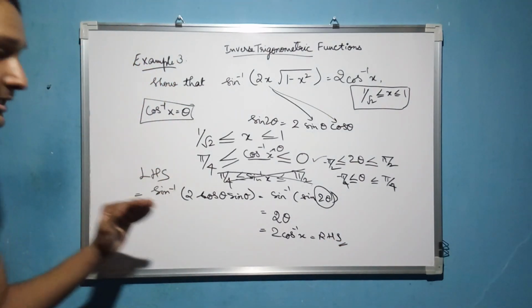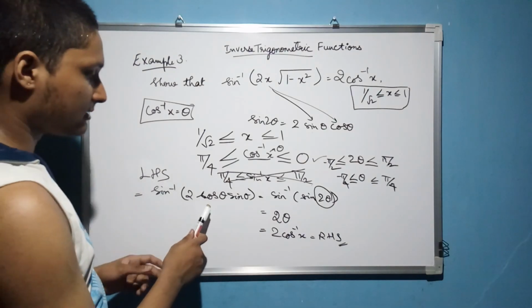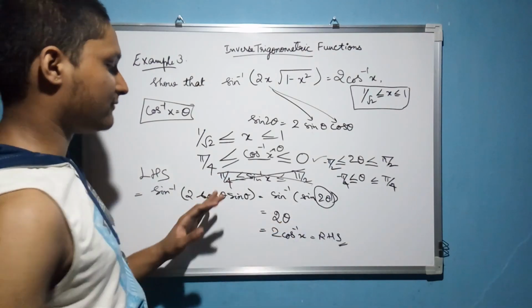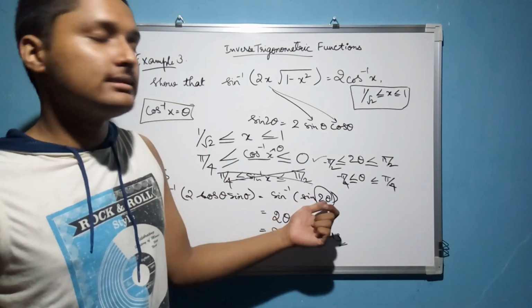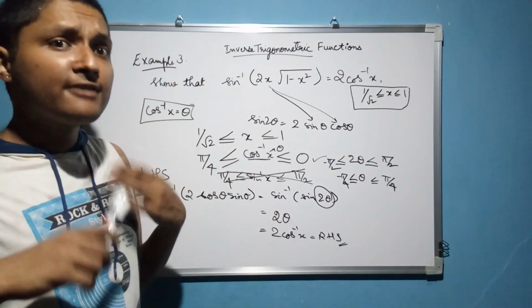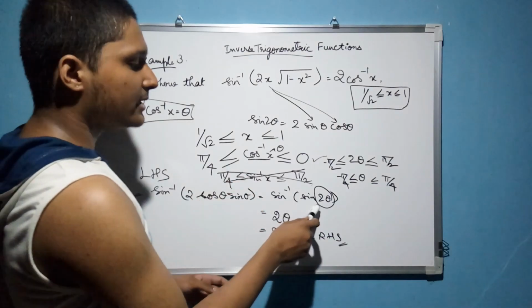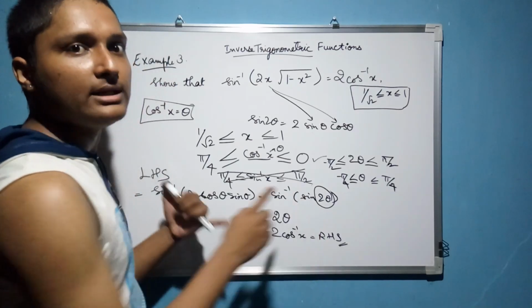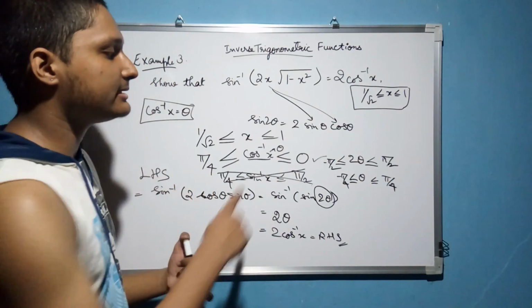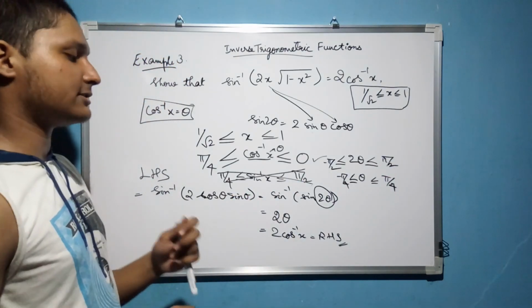I hope you understood how the condition has arisen. So when I substituted cos theta here, I got the same sin 2 theta form. If I had substituted sin theta, again we are getting the sin 2 theta form. But while using that thing, we have to be careful. It could be 2 theta, and that 2 theta should be in the principal value branch. That is, it should be in between minus pi by 2 to pi by 2, because it is the sine inverse function.